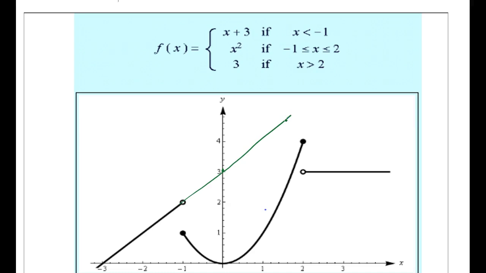Now, what has happened here is that this green part has been erased, because always behind the function you will see what is called a domain restriction. All of this back here is called the domain restriction.